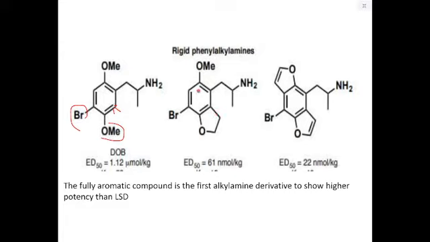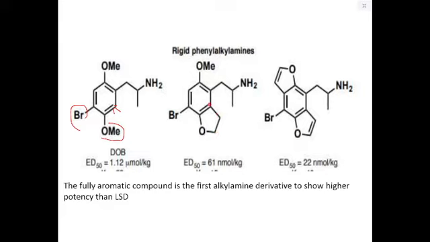And if that happens, you still have your methoxy group at position 2, your bromo group at position 4, and then between position number 5 and 6, you have an ethylene oxy derivative.